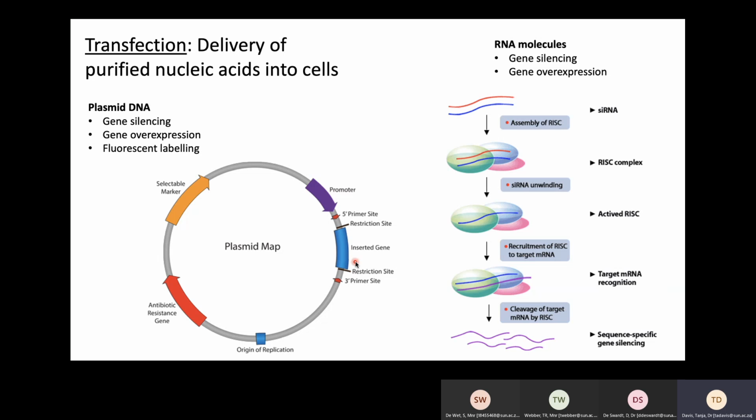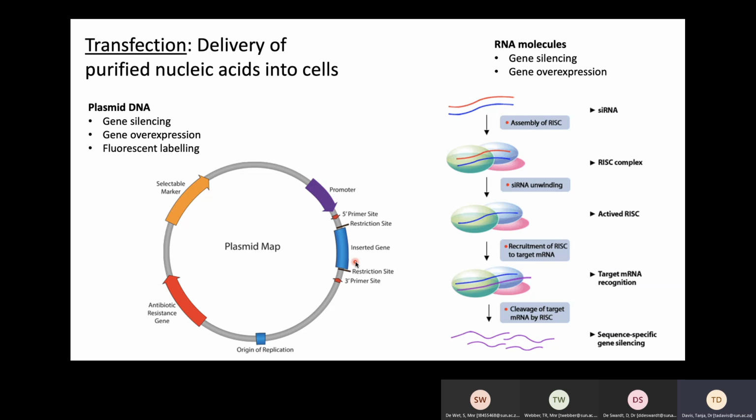So just to get us started, transfection is basically the delivery of purified nucleic acids into cells. Most commonly, this can either be in the form of plasmid DNA or RNA molecules. With either of these, you can achieve gene silencing or overexpression.